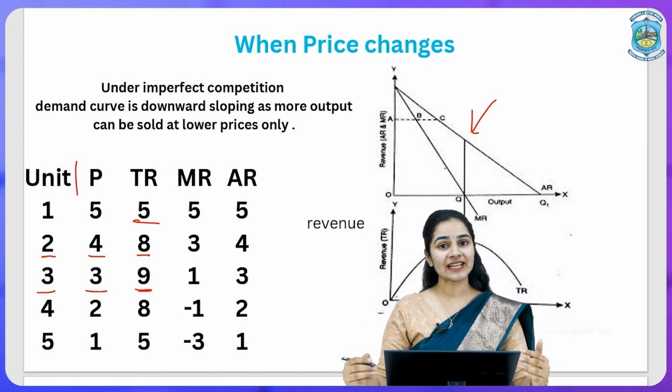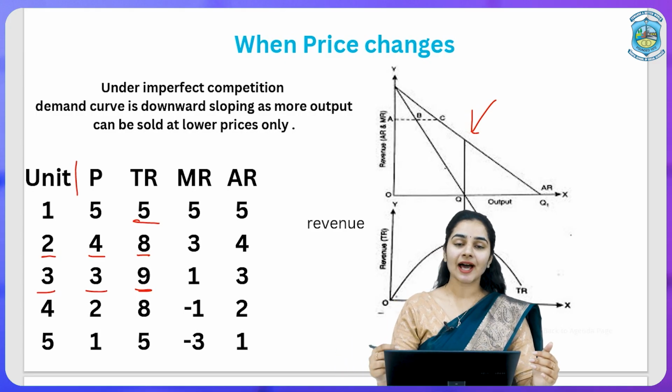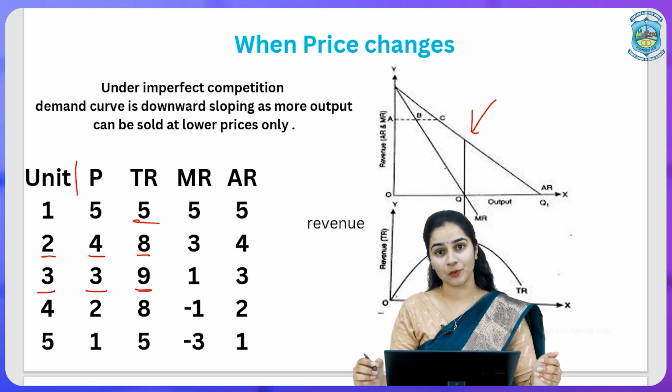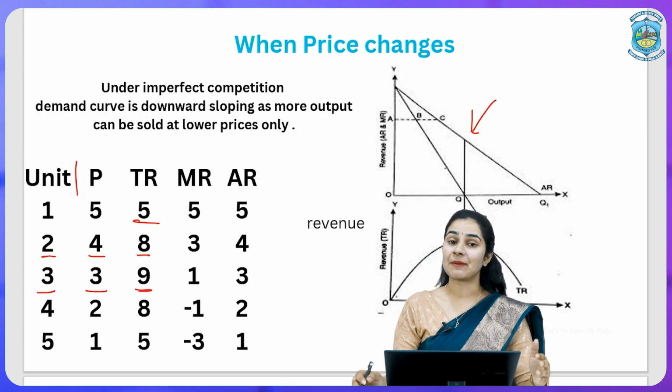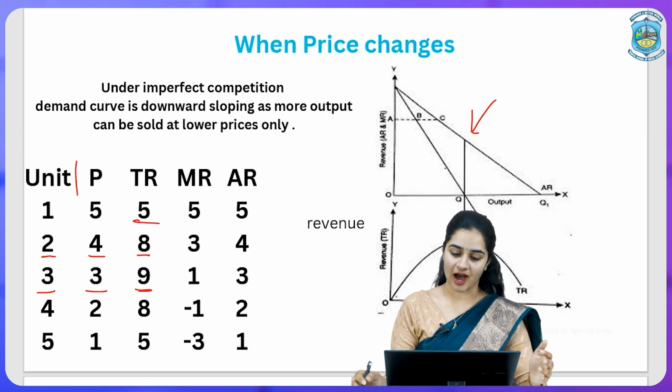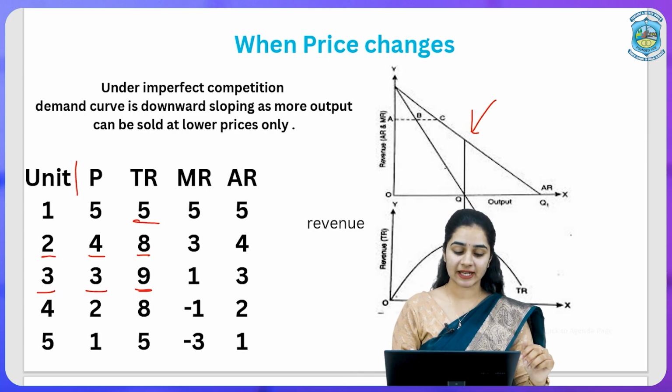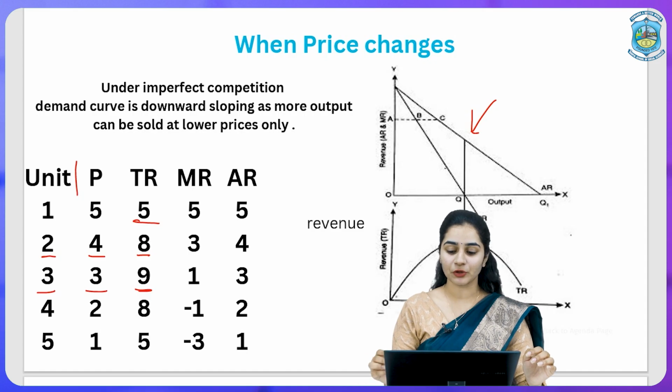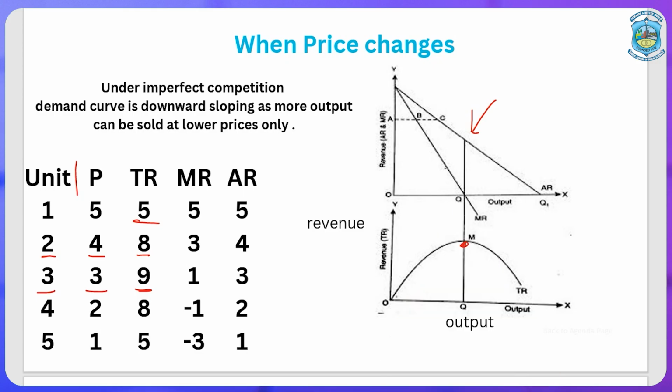Now, if I graphically explain this, the AR and MR curve is downward sloping and the slope of MR is twice that of AR. Till the third unit of output, the total revenue increases and it reaches its maximum point, which is at this point M. With the corresponding MR and AR curve, the MR is 0 when the total revenue is maximum and the AR is still falling.